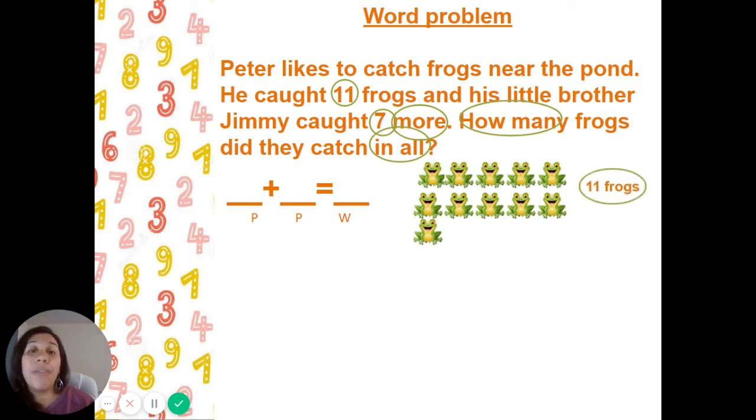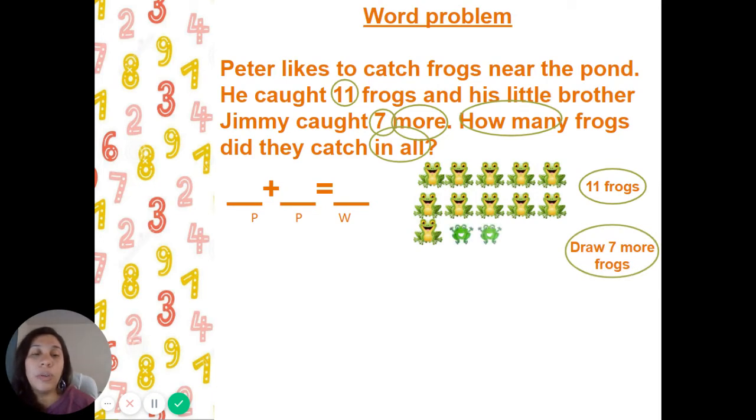Now we have 11 frogs. What do we need to do? What is the next step in our strategy? Take your pencil and just draw the other frogs that you need to add. Okay, remember that little Jimmy got 7 frogs. So we need to add to these drawings 7 more frogs. Okay, so let's do these frogs.